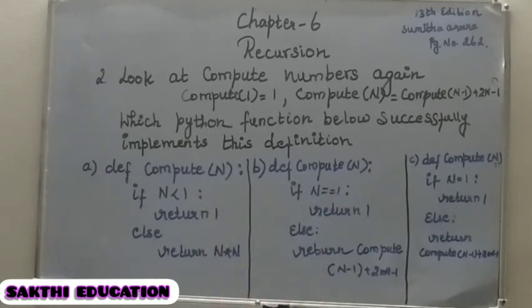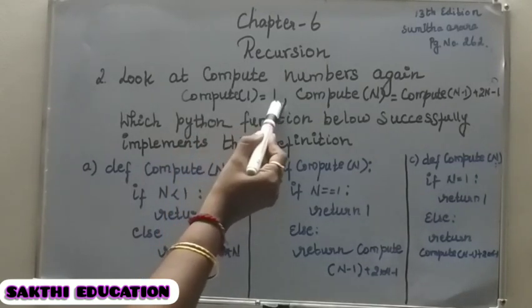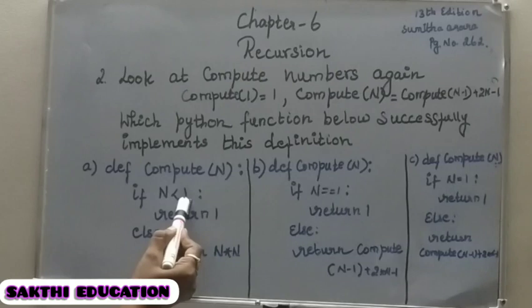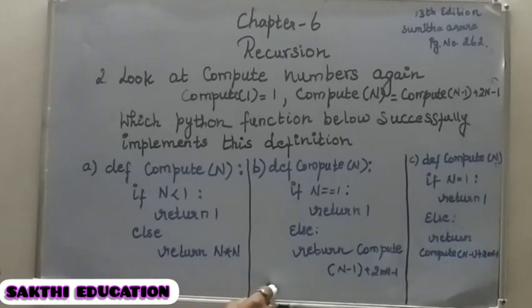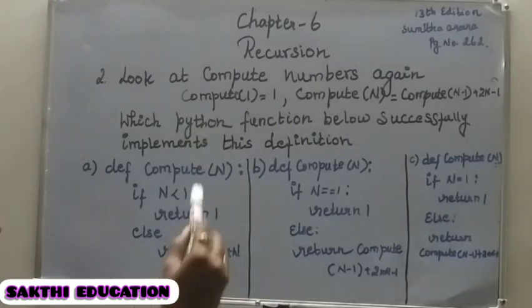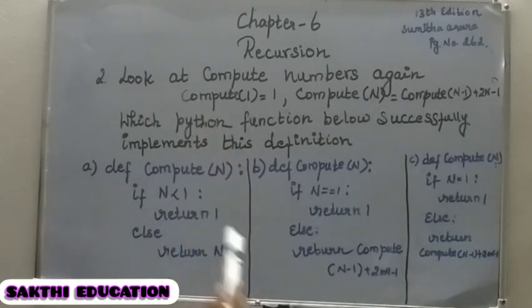Okay. Next, see here. This is the base condition we know: compute of 1 equal to 1. Here it says n less than 1, so this condition does not match. So we are moving to the second option B. Here n == 1, where we are using double equal to.